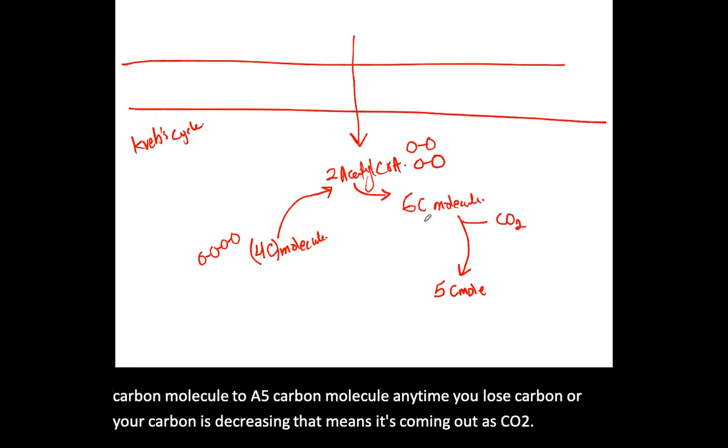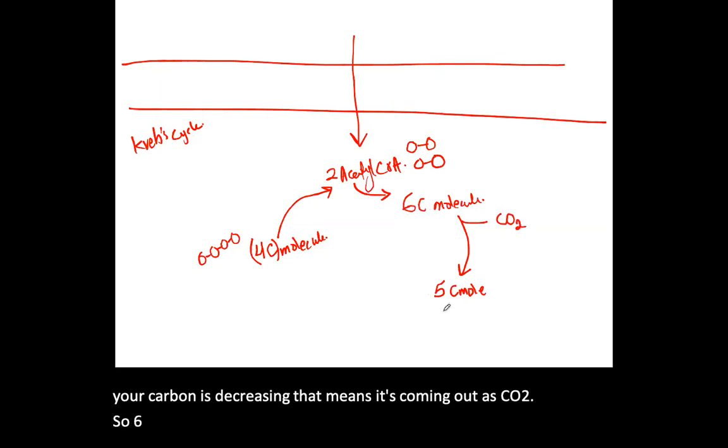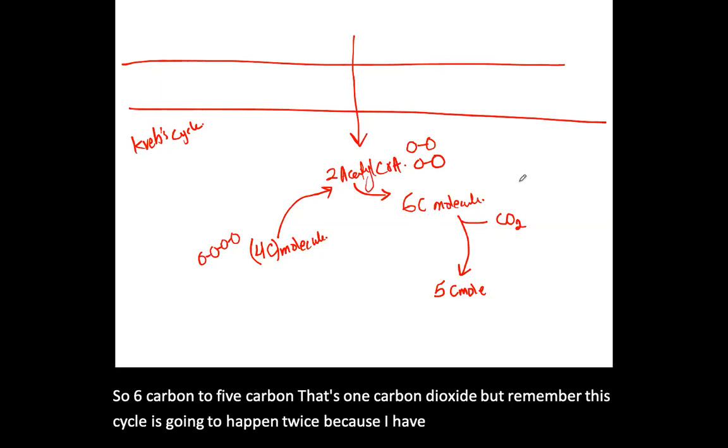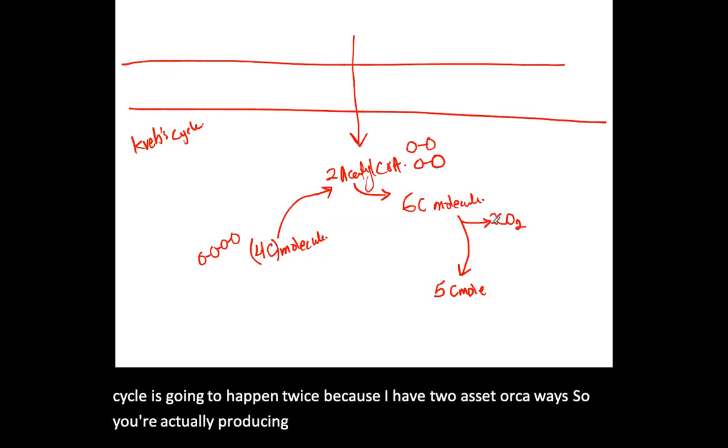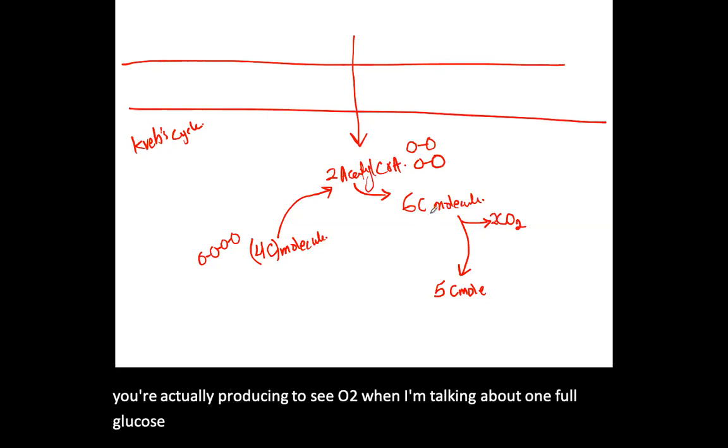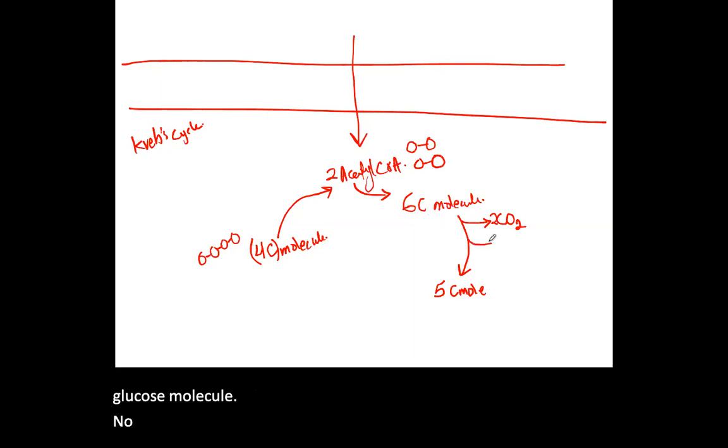So 6 carbon to 5 carbon, that's 1 carbon dioxide. But remember, this cycle is going to happen twice because I have 2 acetyl-CoAs, so you're actually producing 2 CO2 for 1 full glucose molecule. Now, what else do I produce? I also produce 2 NADH.